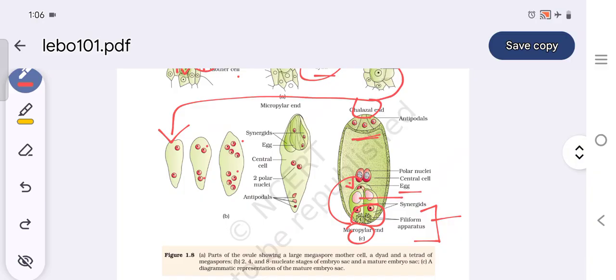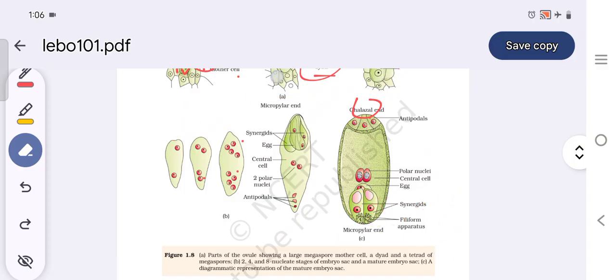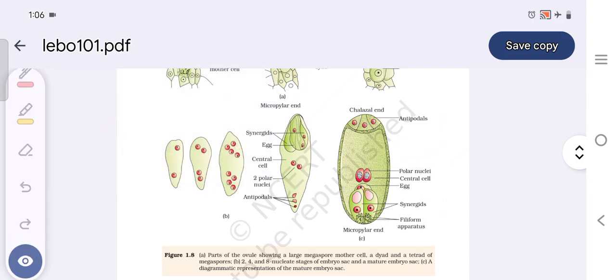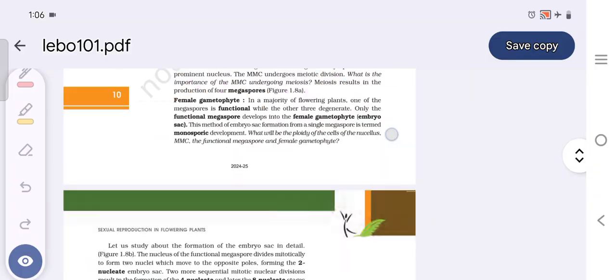You have the two synergids and the egg cell. Together it is called the egg apparatus, which is seen at the micropylar end. So this diagram is very important for drawing, for sketching, and for describing the typical embryo sac.